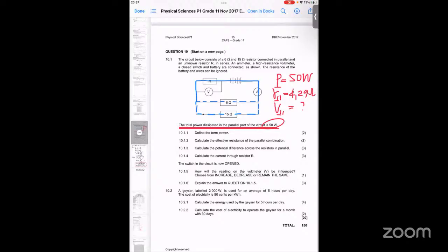So all that you need to know is, the current passing through resistor R, is it the splitted or the unsplitted current? If that is the case, do you have enough information about resistor R? Yes or no?